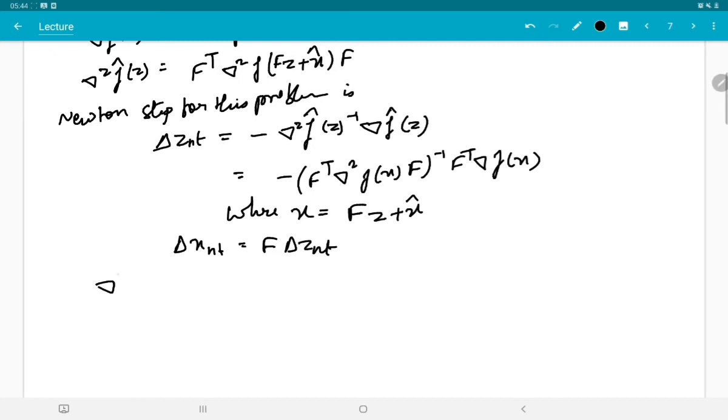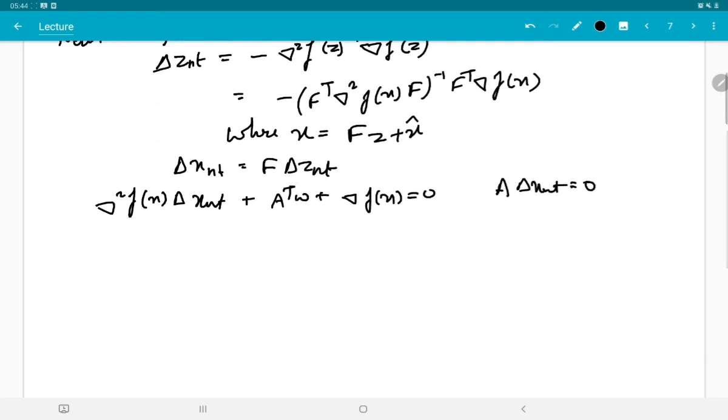So these are the conditions: del square f(x) delta x_nt plus A transpose w plus del f(x) equal to 0, and A times delta x_nt equal to 0.